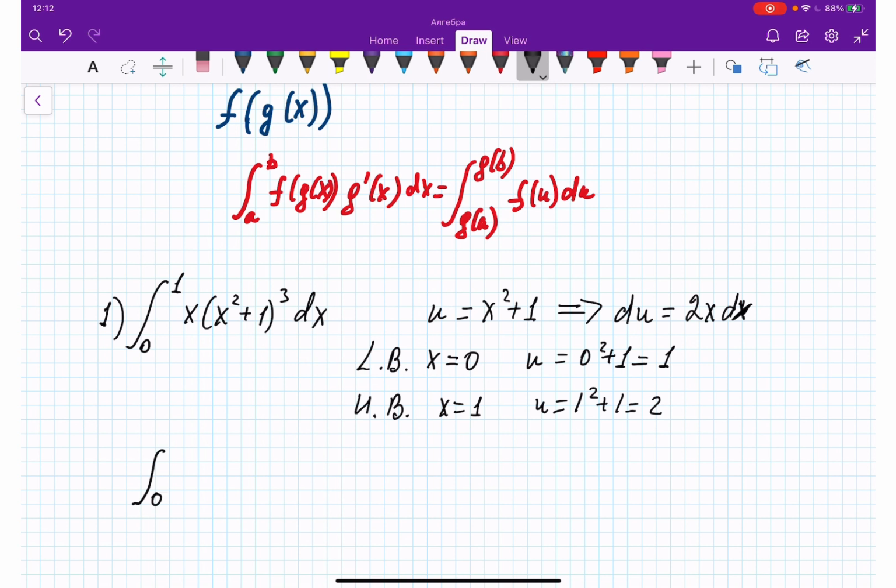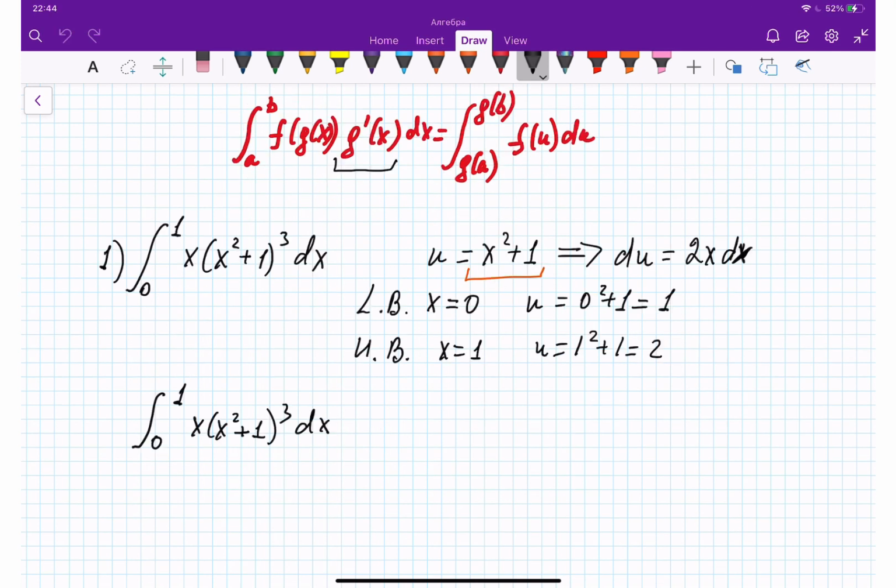The integral from 0 to 1 of x times (x squared plus 1) cubed dx is equal to, we need to get 2x, right? Because du is equal to 2x.